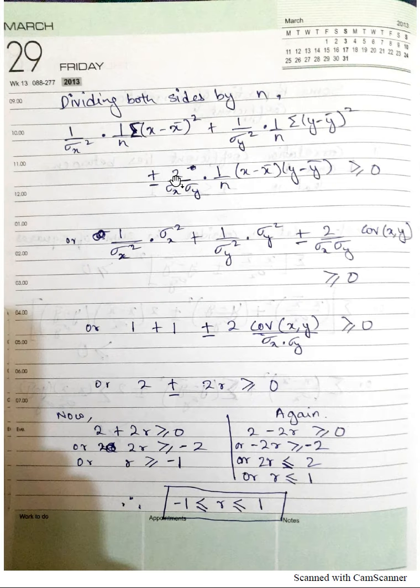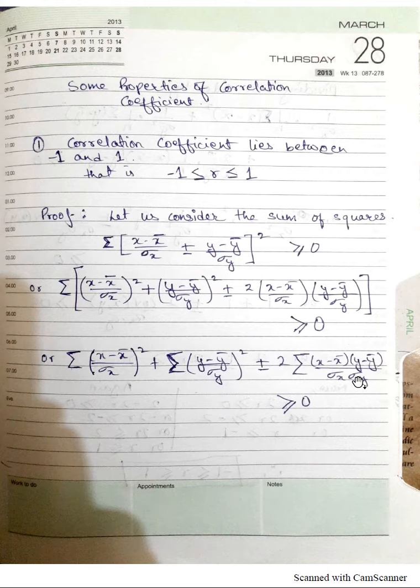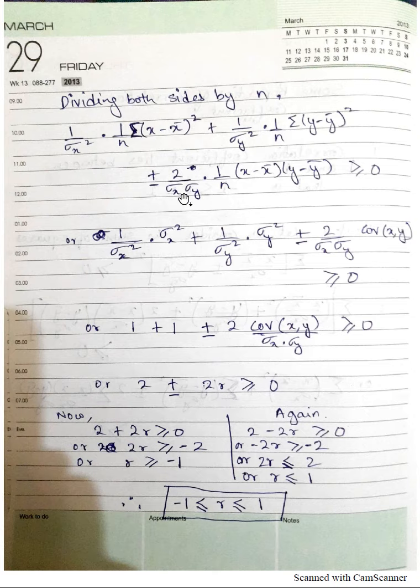plus minus again 2, this sigma x sigma y also comes out, 2 divided by sigma x sigma y into 1 by n, since again this will be divided by n, we'll have 1 by n here, into 1 by n summation x minus x bar into y minus y bar.